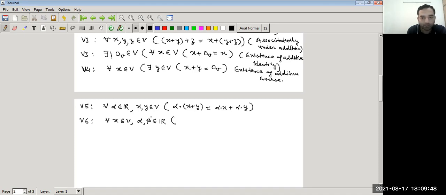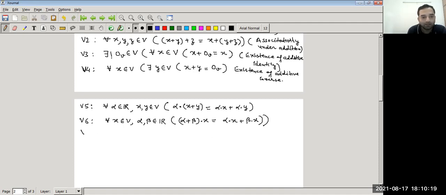We denote the property as alpha plus beta dot x, that is equal to, this is alpha plus beta, the sum of two real numbers is again a real number. So when we take the scalar product with the vector x, it becomes alpha dot x plus beta dot x.